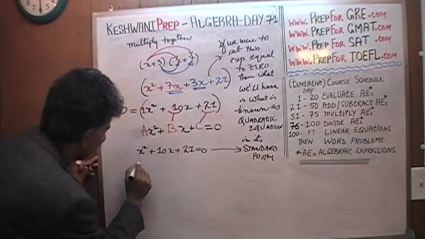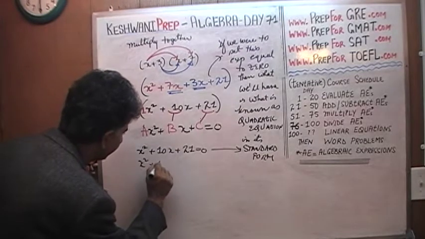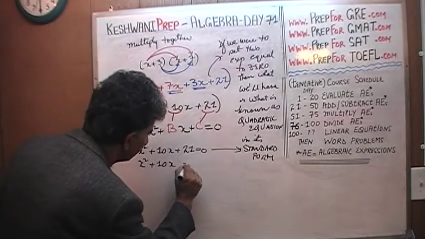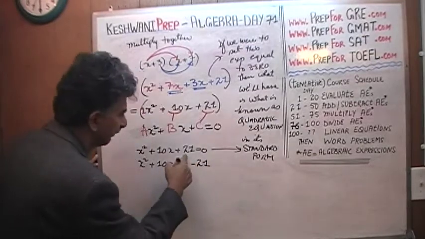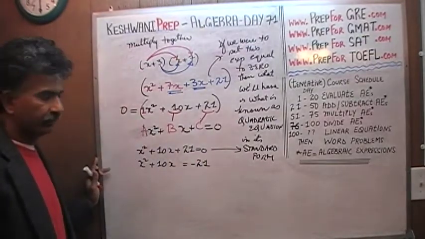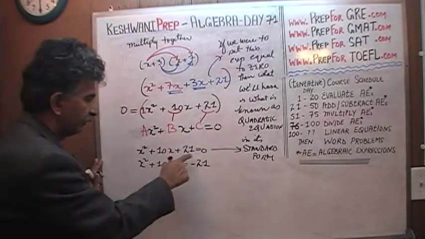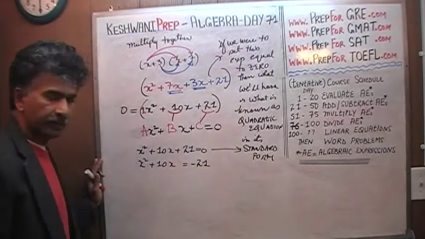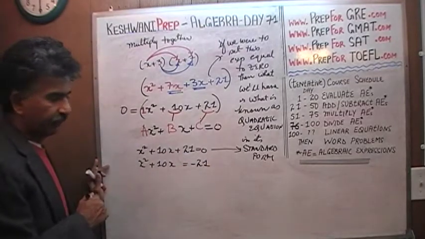Watch here. If you were to write this as x squared plus 10x equals negative 21, in other words, bring the 21 to the other side, in other words, subtract 21 from both sides, it becomes negative 21 here. This is no longer standard form.